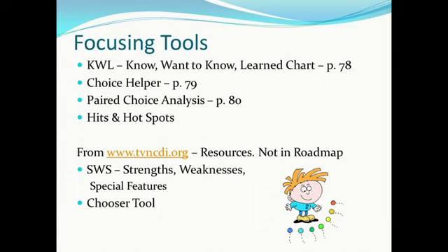Then once you've generated a number of ideas that you think are creative, you can use focusing tools to pare them down to determine which ones you're actually going to use. There are more focusing tools in the roadmap than you'll find generating tools. And they go from very complicated to fairly simple to use.